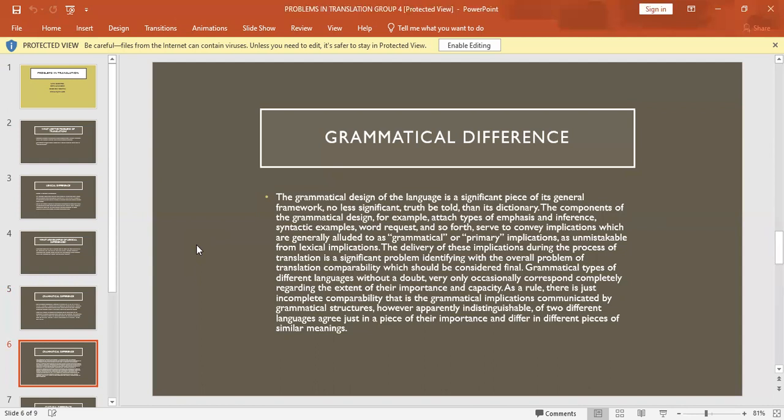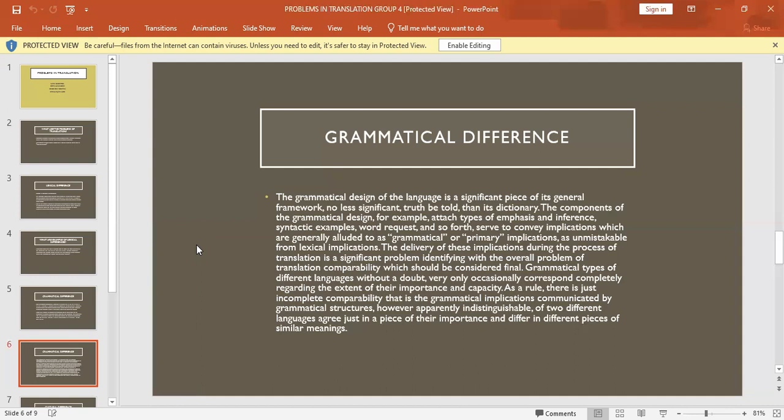The delivery of these meanings during the process of translation is a significant problem relating to the overall problem of translation equivalence. Grammatical forms of different languages, without a doubt, only very occasionally correspond completely regarding the extent of their importance and function.